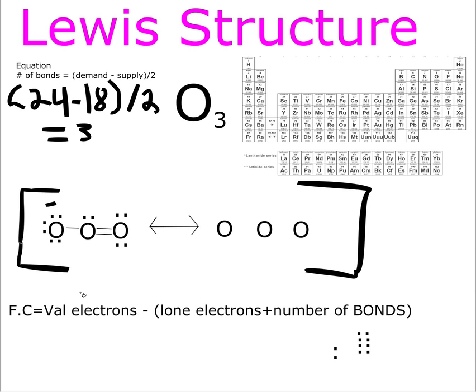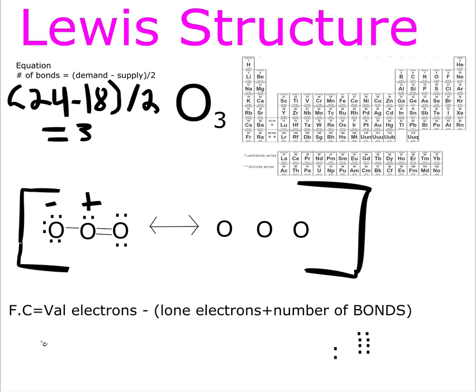Let's look at the middle oxygen. Once again, 6 valence electrons for oxygen minus our lone electrons. We have 2 on the middle oxygen. Plus the number of bonds. We have a single and a double. A double counts as 2, so 1 plus 2 is 3. And that will be 6 minus 5, which equals a positive 1. Now we could simply say that last oxygen is neutral because the negative and the positive will counteract each other and cancel out, and our molecule is neutral, so it should be 0, no formal charge.